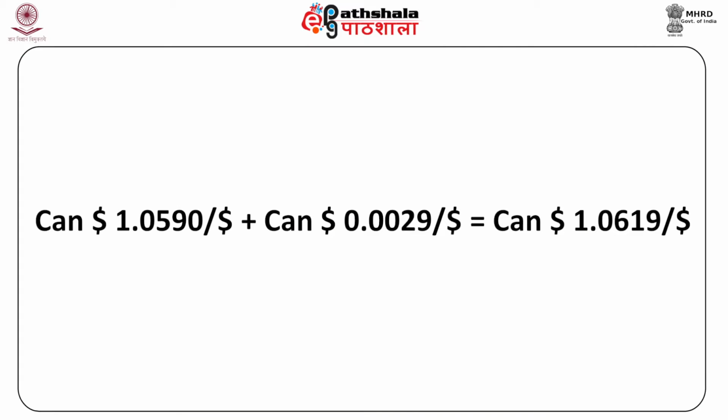Similarly, the outright ask on US dollars for 6 months ahead is Canadian dollar 1.0590 per US dollar plus Canadian dollar 0.0029 per US dollar is equal to Canadian dollar 1.0619 per US dollar.